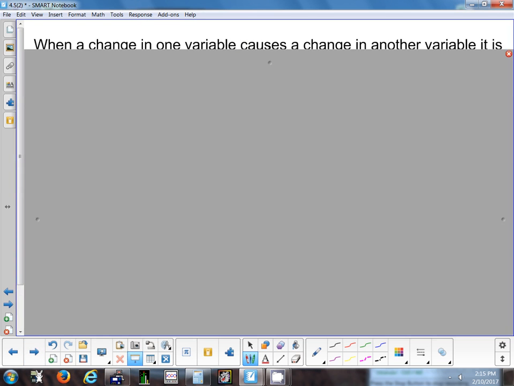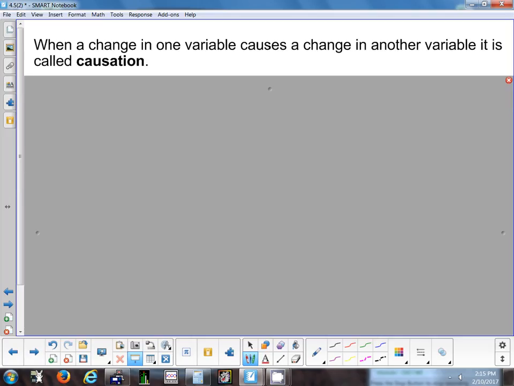So the last thing we're going to look at is the difference between the word correlation and causation. Statistically, those mean different things. If something directly causes a change in another thing, that's causation.